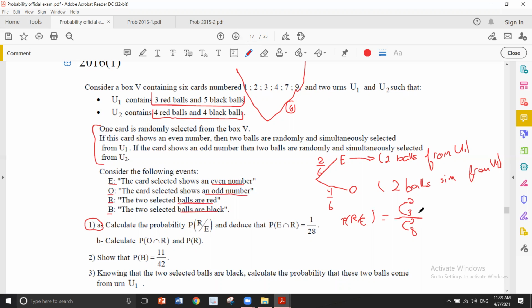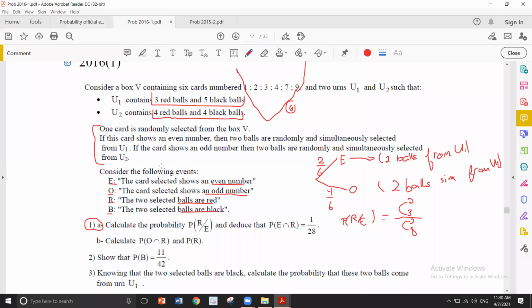In the combination we put the small number on top and the big number at the bottom. Okay, we do it that way in the homework. C(3,2) for even cards. No, knowing that we choose an even number, that is, if E occurs, if an even number occurs, we have to choose from U1.